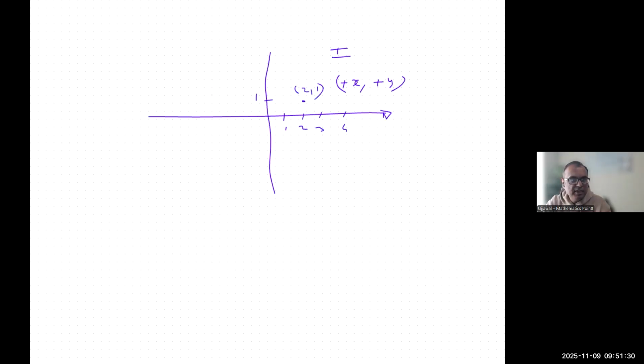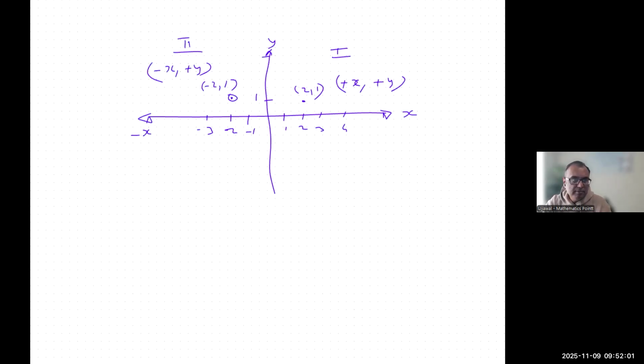In the world of the second quadrant, if I've got this point here, this is -2, 1. So x is negative, y is positive. This is the second quadrant. And I write x as -x here. Negative tells me I'm on the negative boundary.